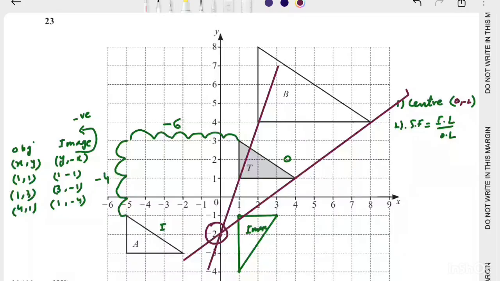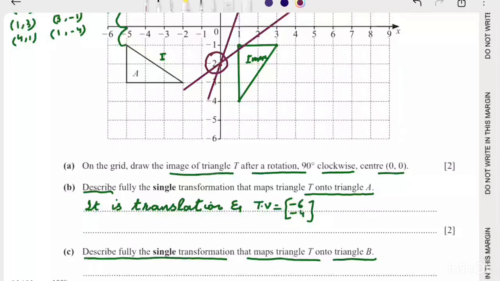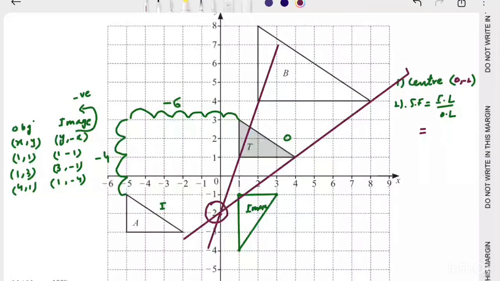Now for the scale factor we have to see the image. The image is your B, and T is your object. For the image length, just take any one of the sides. Let us suppose I take the base side, so I have to count the units: 1, 2, 3, 4, 5, 6, so 6 units.